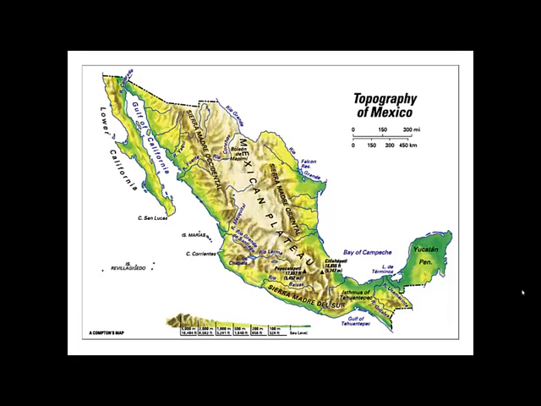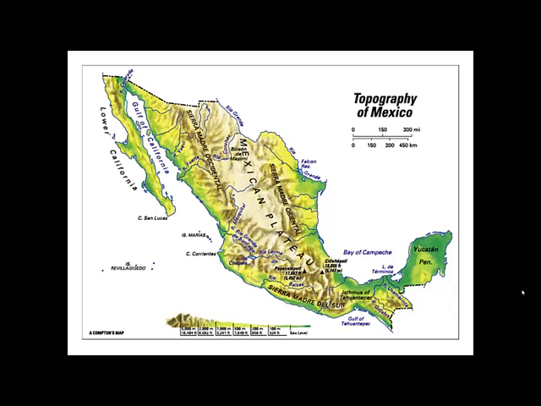So you've got something called the Great American Interchange, with organisms from the south going north and from the north going south. And Mexico, being at the join, has organisms from both north and south, plus its own diverse endemic flora and fauna, organisms that have evolved and only live in Mexico. So that's why it's such a highly biodiverse area.